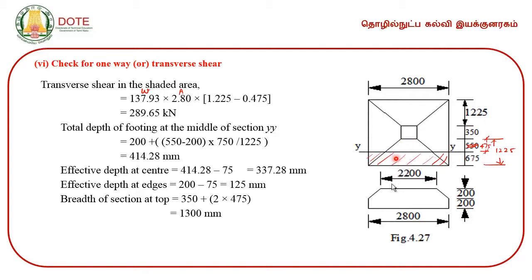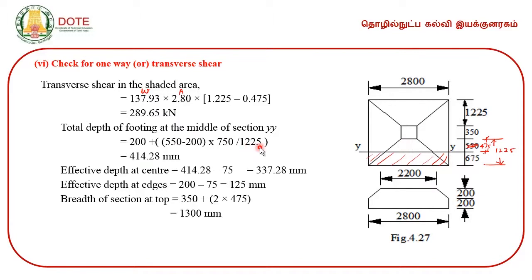So, the cross section is shown here. Up to this entire area will be a flat footing, and above that 200 mm depth there will be a slope from this point to this point. The difference in depth is 550 minus 200, so 350 mm is the slope difference.